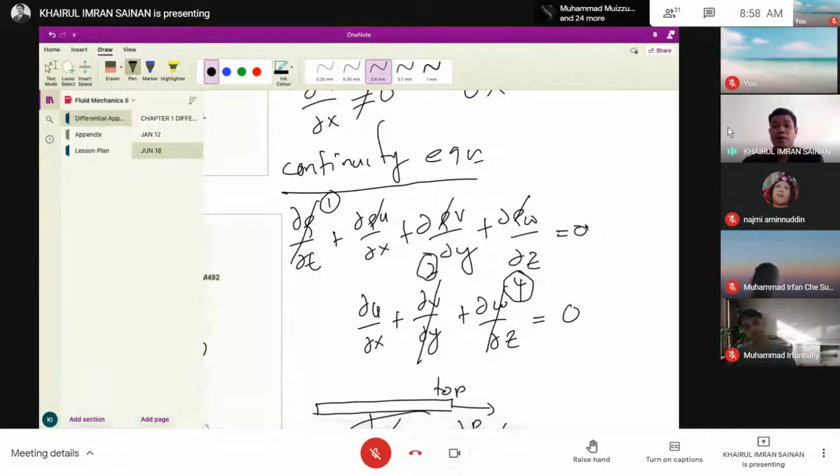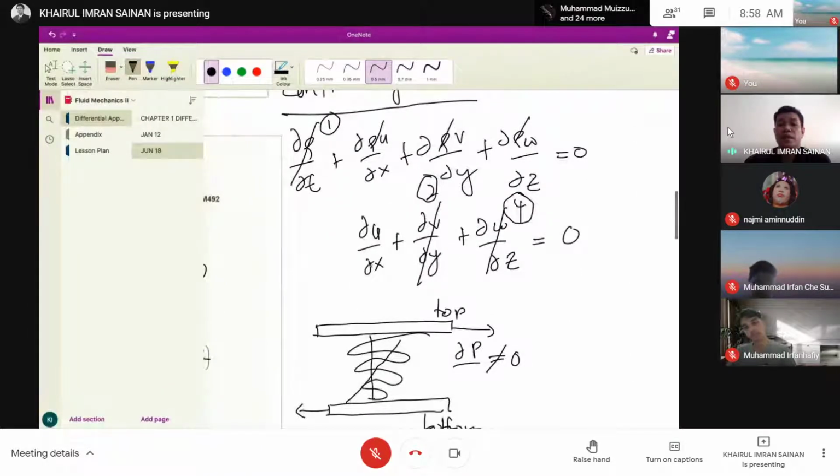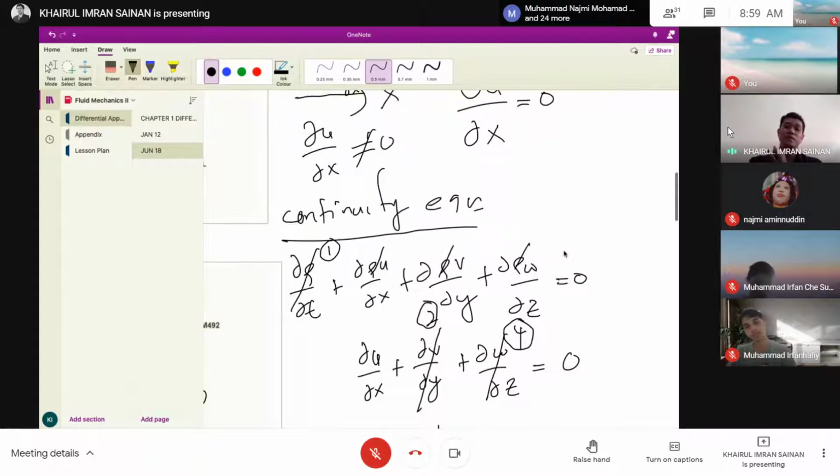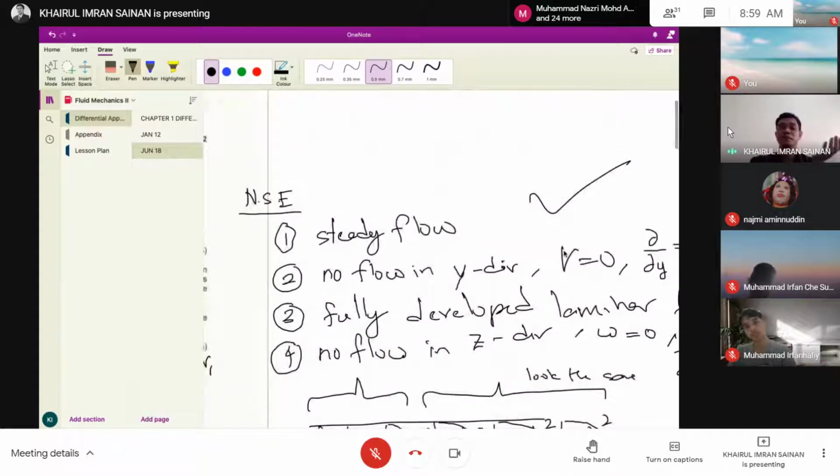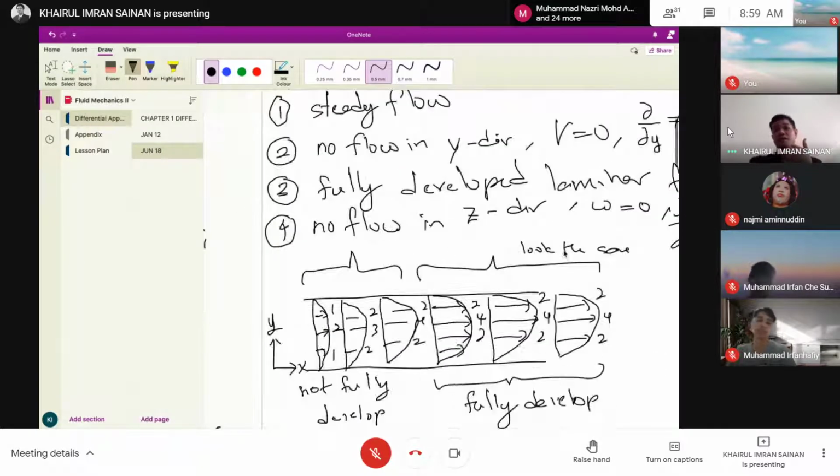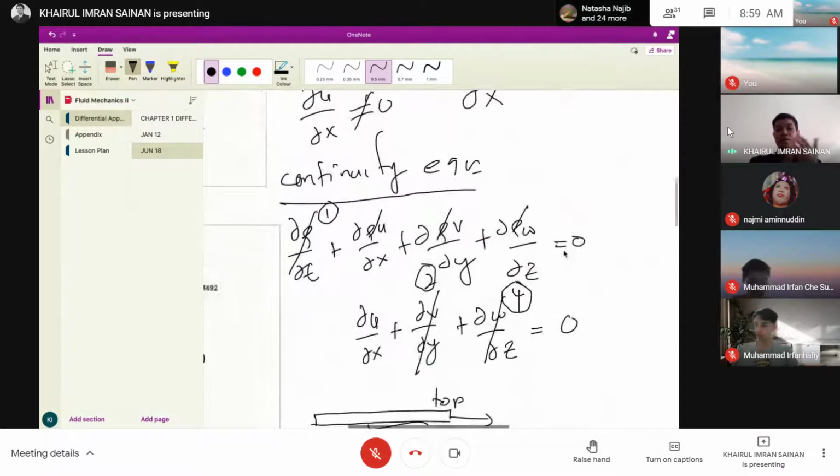So you left out with this: del u over del x plus del v over del y plus del w over del z equals to 0. Perhaps somebody already knows, our problem is always steady flow, which is based on assumption. And Sir Imran also told me, you are a student.